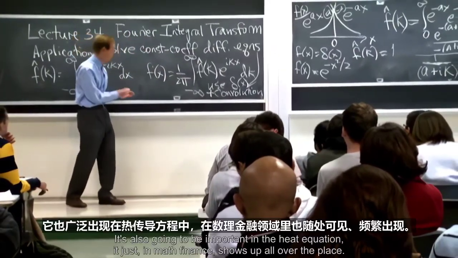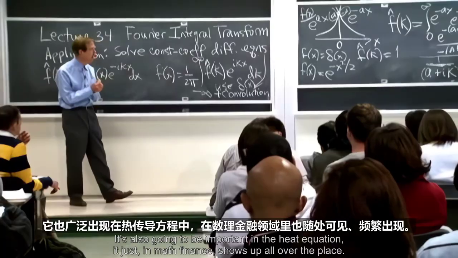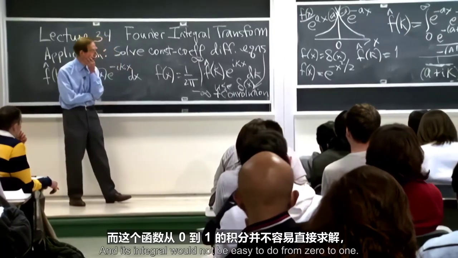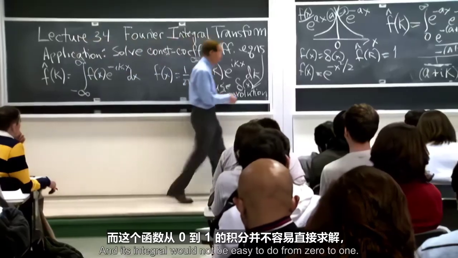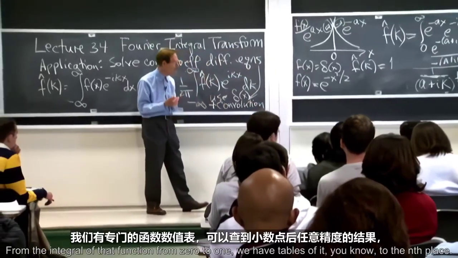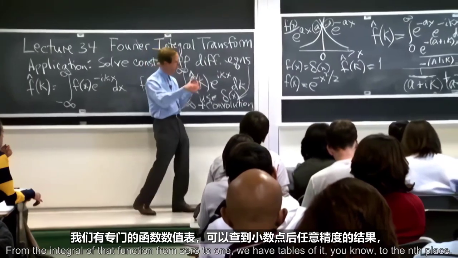It's also going to be important in the heat equation. It just, in math finance, shows up all over the place. And its integral would not be easy to do from 0 to 1. From the integral of that function from 0 to 1, we have tables of it, to the nth place.